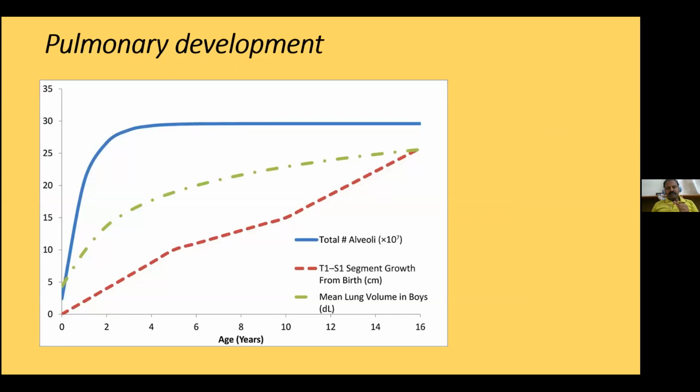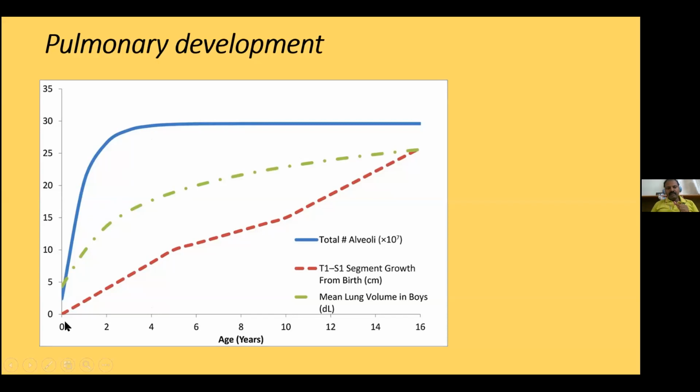So when you look at the pulmonary development, the first 4 to 6 years is very crucial. You see the graph where the green line is your mean lung volume, and this is the total alveoli. So if you see here, it peaks at 4 to 6 years and then plateaus.